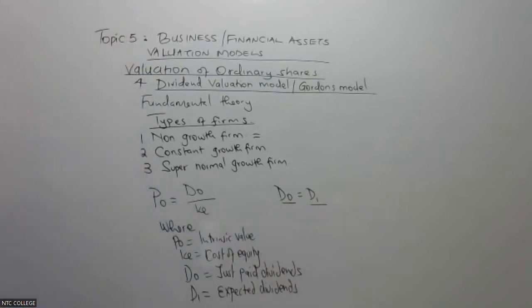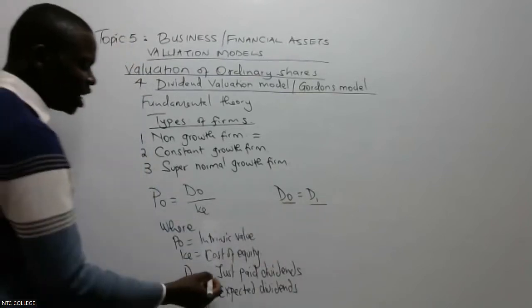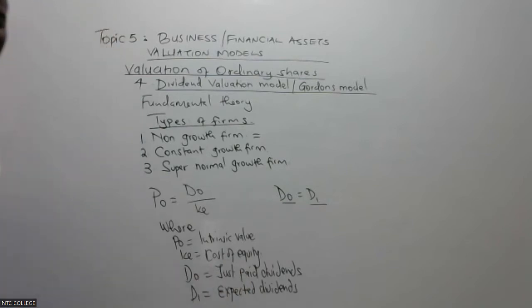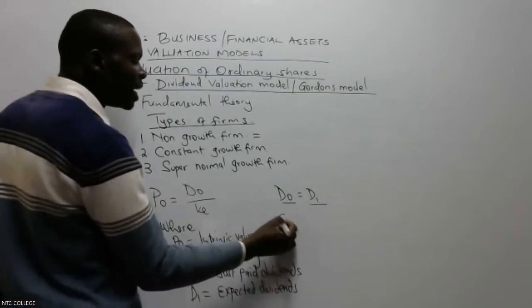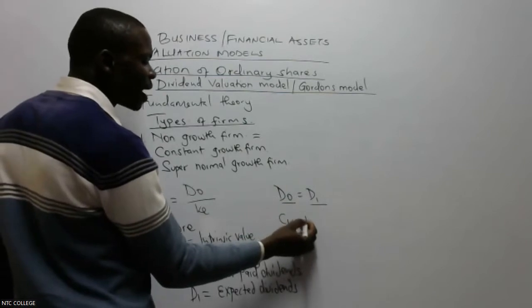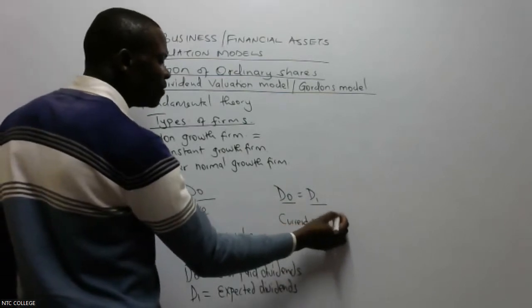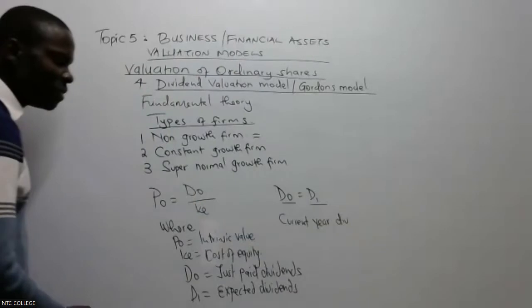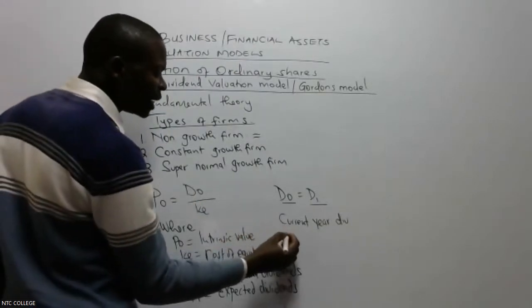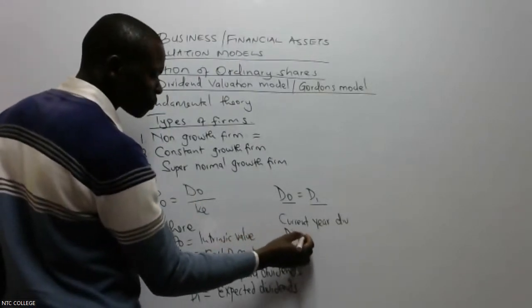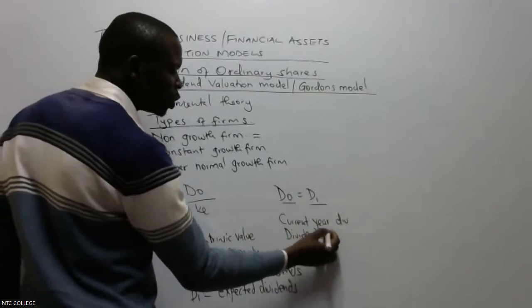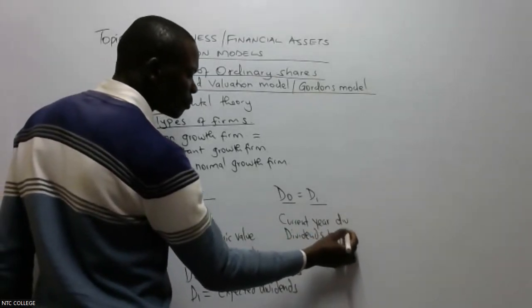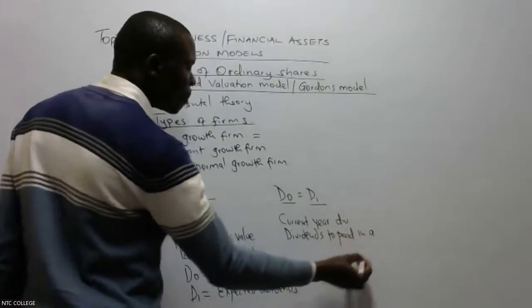D0 is the just paid dividend, or in other terms, the current year dividend. We can also call it the dividend to be paid in a week's time.